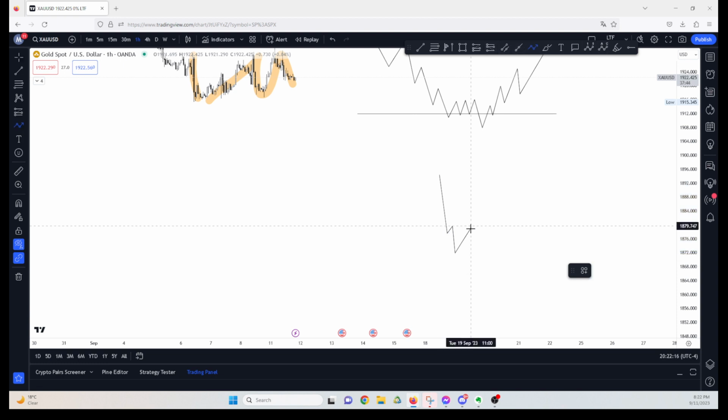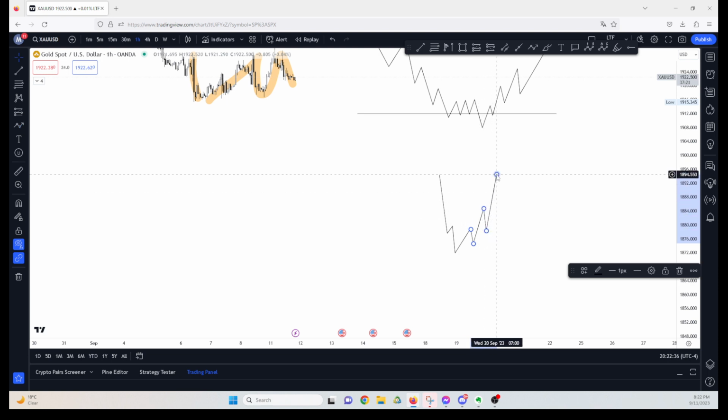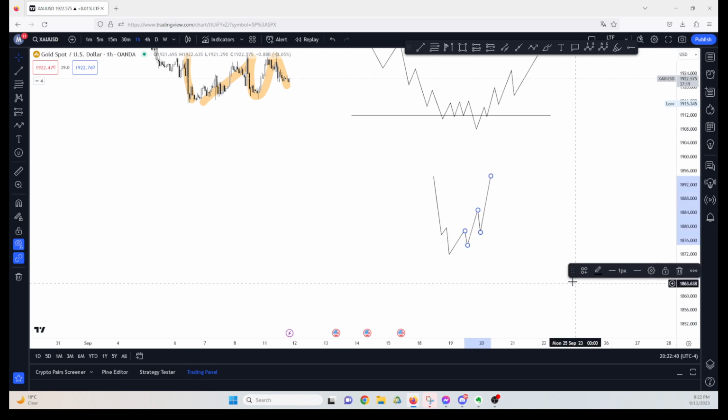When it starts pushing back up right away without a final push and without liquidity being taken, you have to look out for the higher time frame as well, because this might be a liquidity grab on a higher time frame scale. But nonetheless, when the market pushes right back up, you know that this is probably a trap.